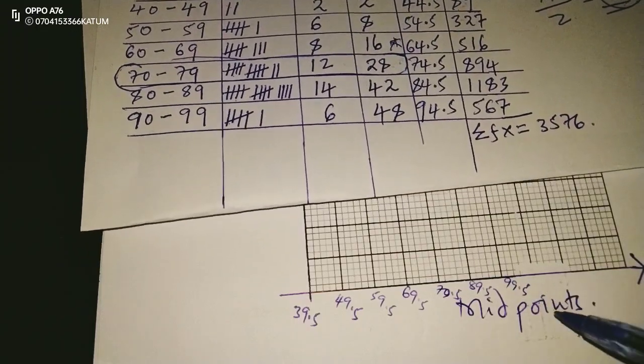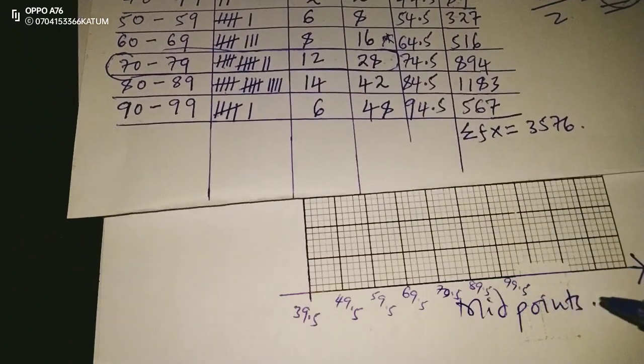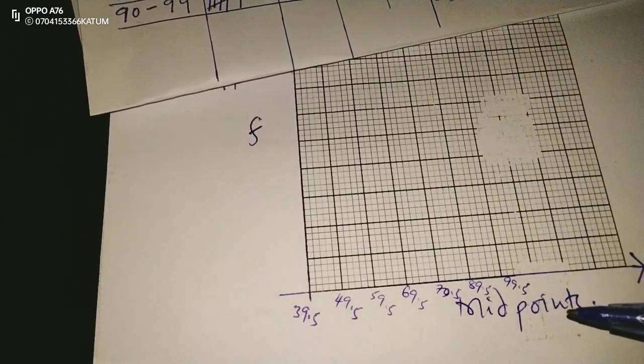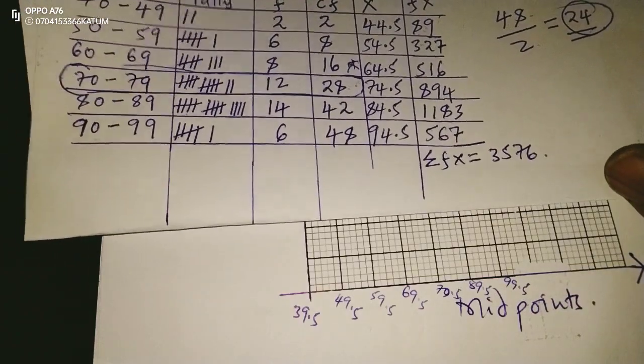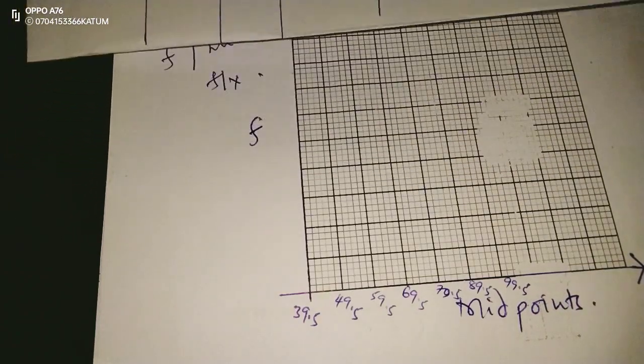These are the boundaries. Then we plot them against the frequencies, which are from 2 all the way to 14.